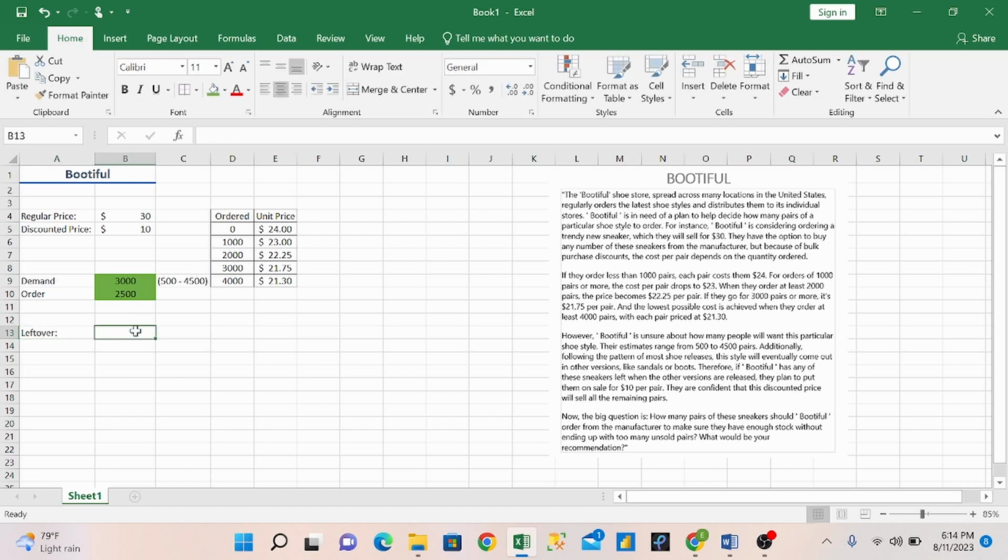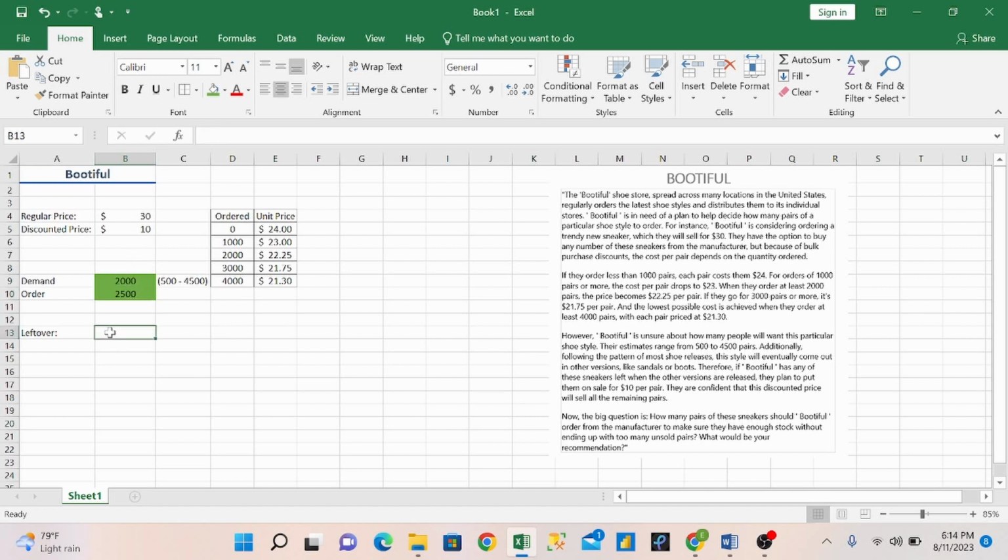Now my leftover. Leftover is simply the difference between my order and my demand. So I ordered 2,500 pairs of shoes, this was 2,000 before, and 2,000 is being demanded, and I sold the demand at the price of $30. So what is being left?